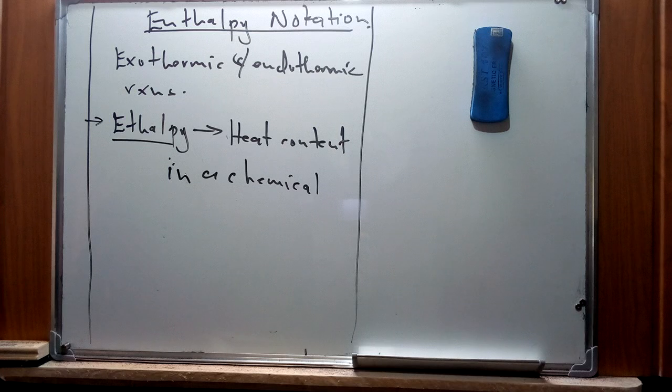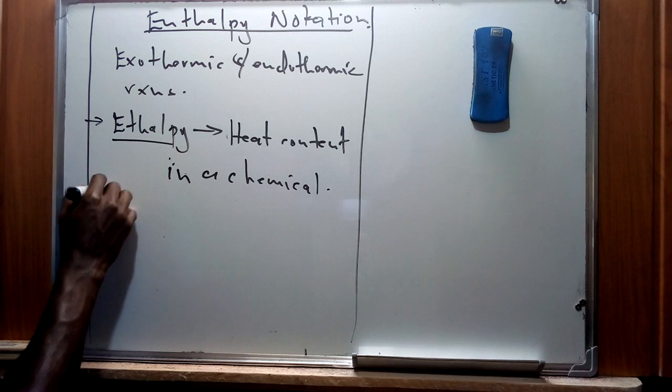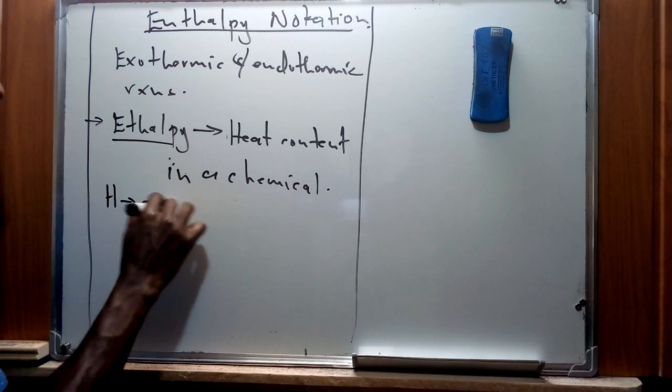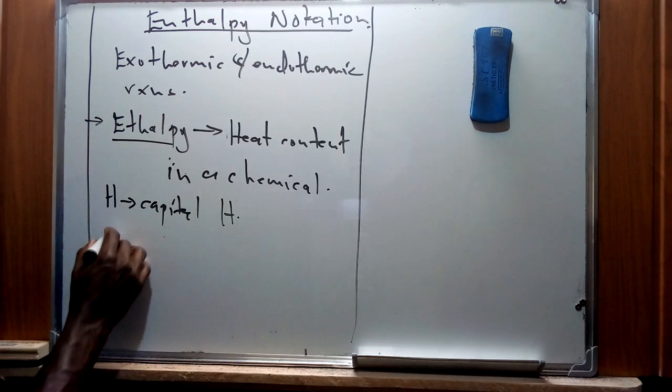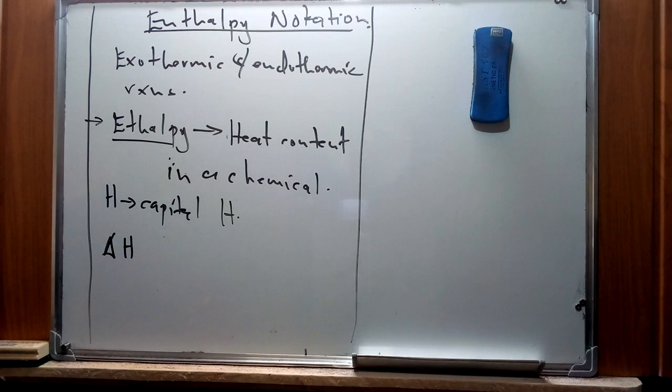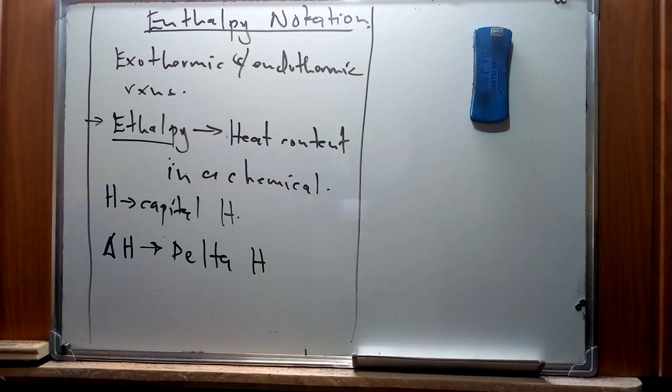Now this heat content in a chemical, we have given a denotation in one of our videos, which is capital H. This heat content is very essential, but we cannot measure the heat content of a chemical. But we can measure the change in the heat content of a chemical, that we refer to as delta H. This delta H is what we refer to as change in enthalpy.